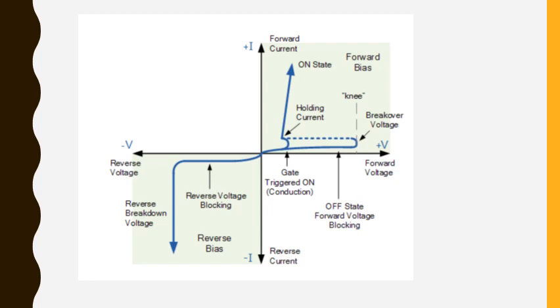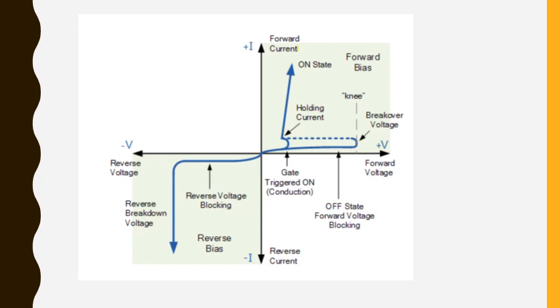Initially, you have applied your input voltage VAK, the voltage between the anode and cathode. Until I apply the gate current, the SCR will not conduct, so it will have a current of some milliamperes, and it goes on.